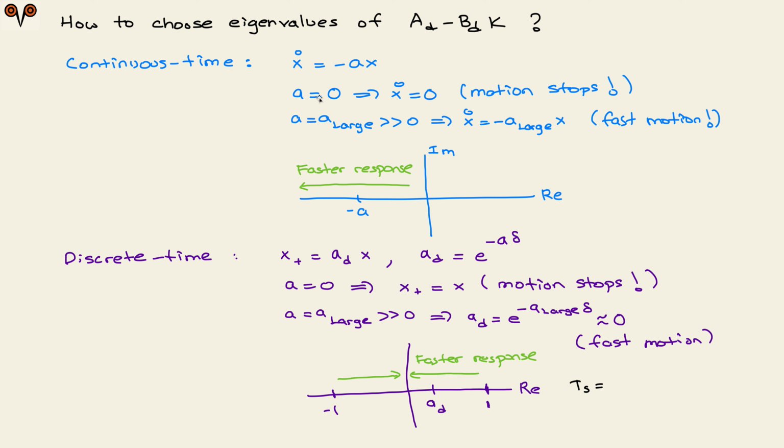For the continuous time system, a equals 0 meant that motion was stopping. So a equals 0 means AD equals e to the power of 0 times delta, or 1. So x plus equals x. Motion stops, so the next value of x remains the previous value.